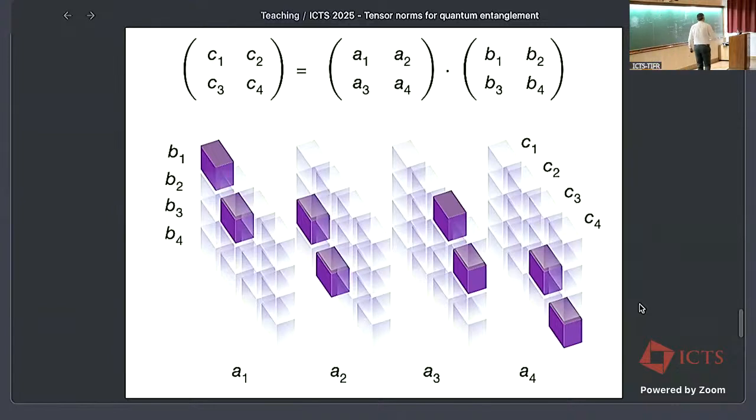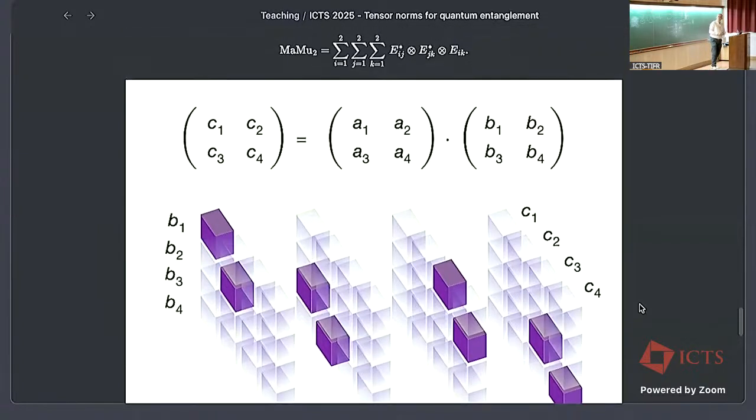So in this decomposition, where really I write this decomposition here of the MaMu2 tensor, this tells me that the rank of the MaMu2 tensor is at most 8, right? Because I have written it as a sum of 8 guys of rank 1.